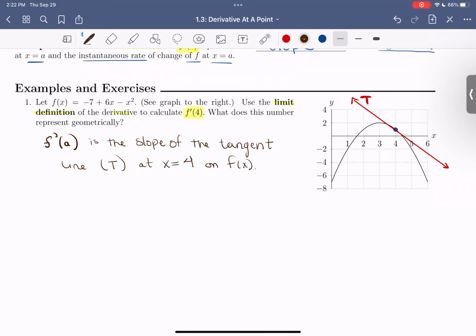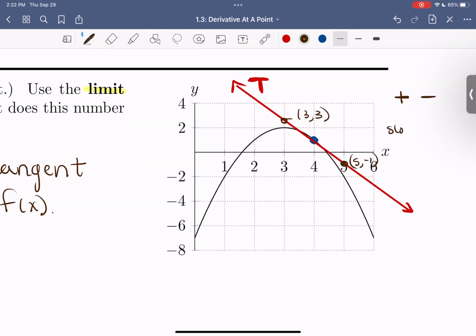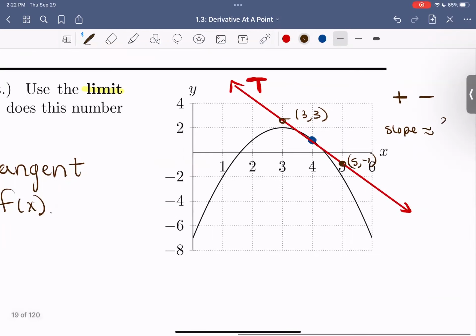So we can maybe pick 2 points, about this point and this point. So that's about here at (3, 3). And this point is about here at (5, -1). So then the slope should be about the difference in y's, so that'd be 3 minus -1, over the difference in the x's, 3 minus 5.